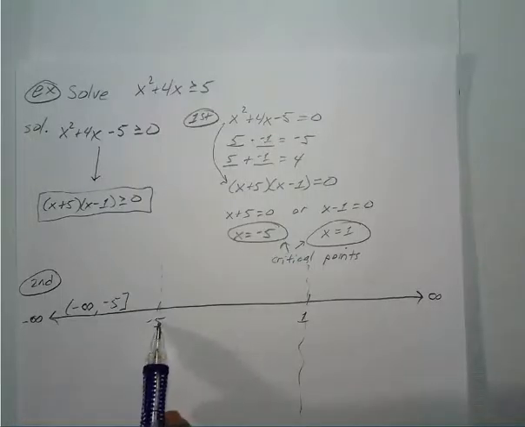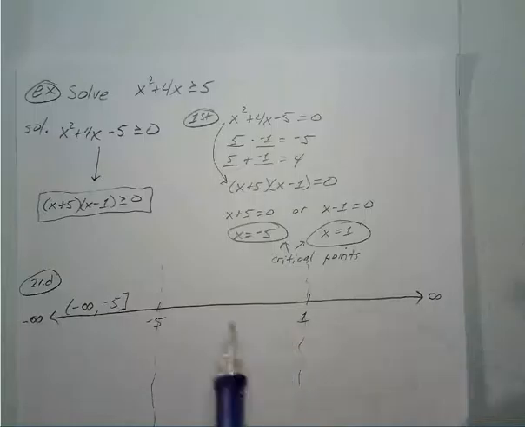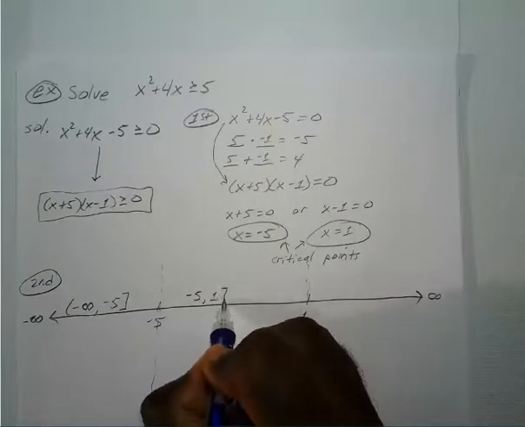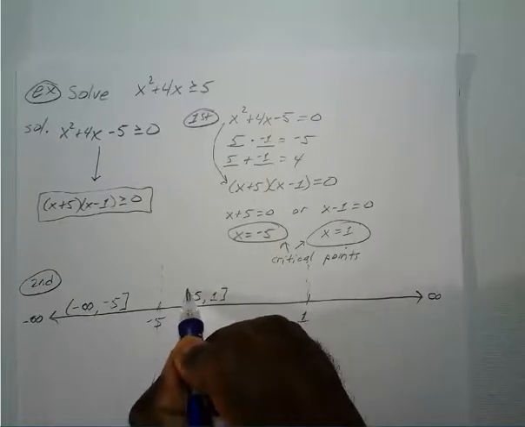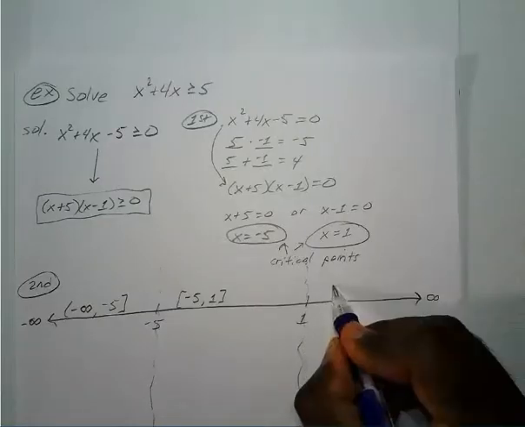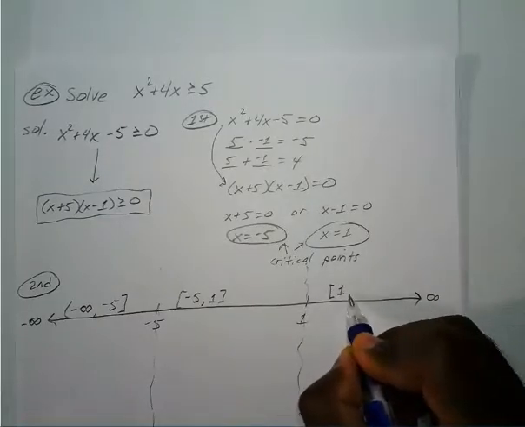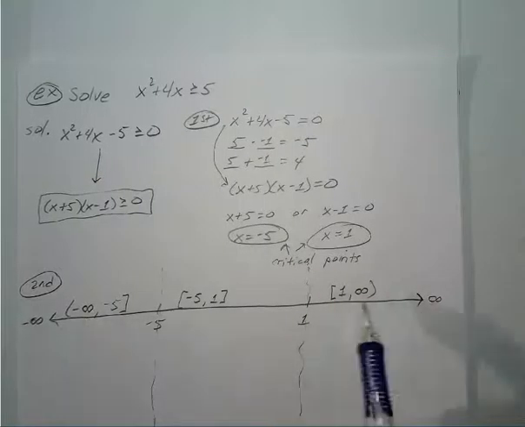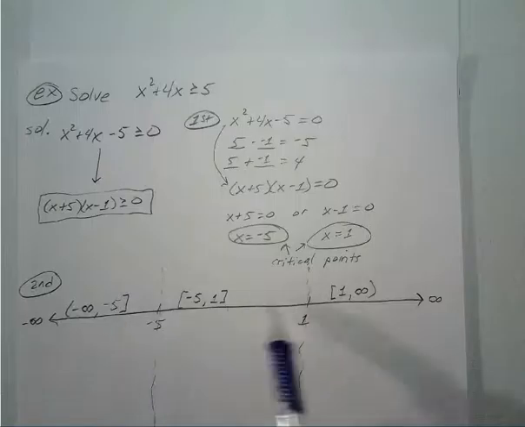Now here you have from -5 to 1, and remember, it's greater than or equal to, so you will have the bracket. Here you have from 1 to infinity, so again, you have your bracket. And remember, your positive infinity and negative infinity will always have parentheses next to them. Even if everything else has a bracket, you'll always have parentheses near your infinities.